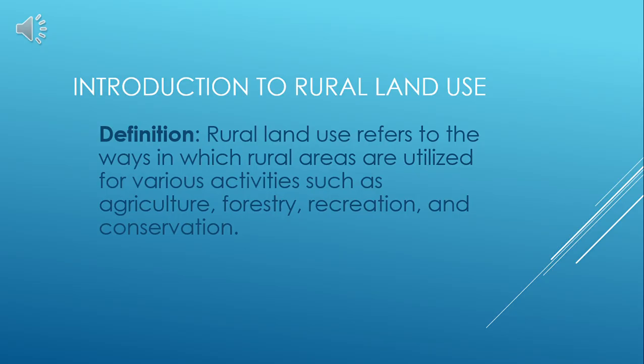The definition: rural land use refers to the ways in which rural areas are utilized for various activities such as agriculture, forestry, recreation and conservation. For what purpose are we using the land in the rural area? It is mentioned here.